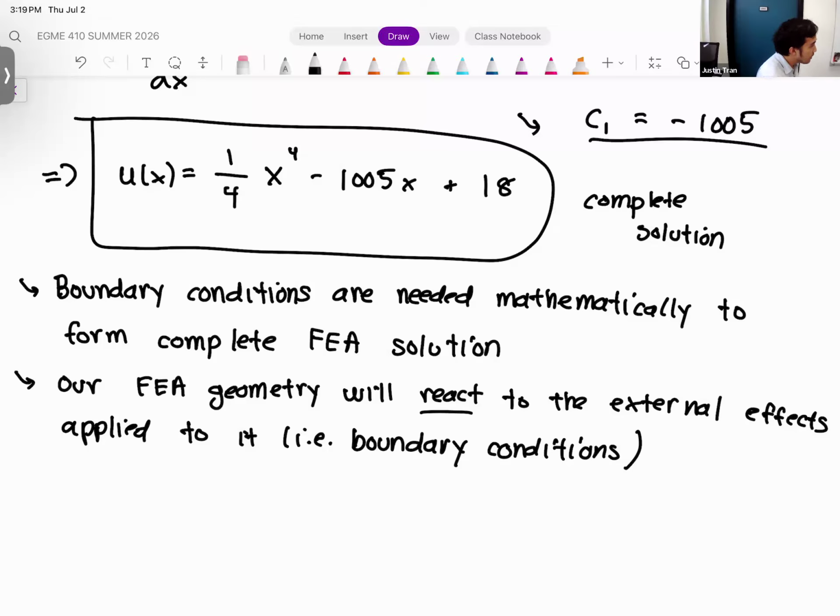So in some ways, you can think of the boundary conditions as being the cause of any kind of interesting deformation or stress behavior that you're seeing in your system.